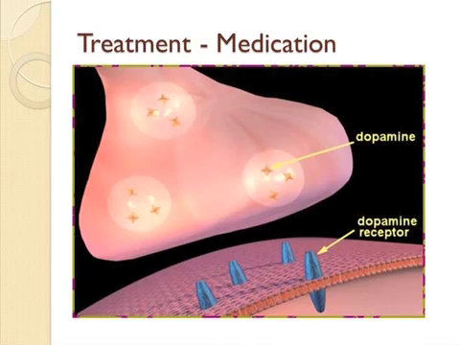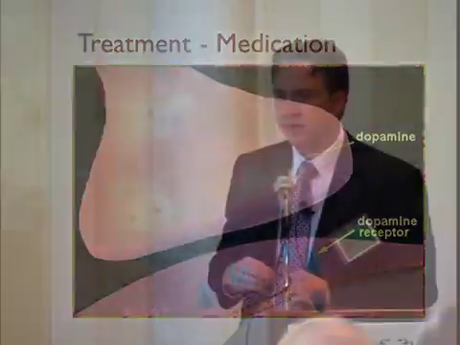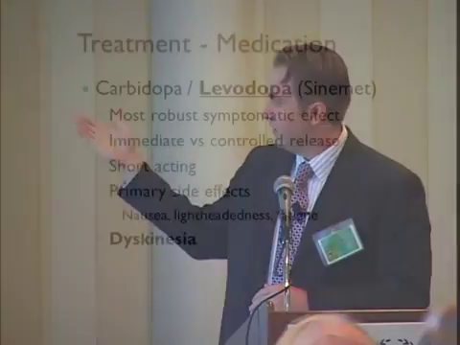Those are released into this dark space between the two cells, and they attach to these blue proteins down here, which are called receptors, and the dopamine attaches to the receptor to send the signal to the next cell. Well, levodopa gives you back your dopamine. The dopamine agonists work on the receptor. Those medications go in and bind to the receptor and signal as though it's seeing dopamine without actually giving back dopamine.